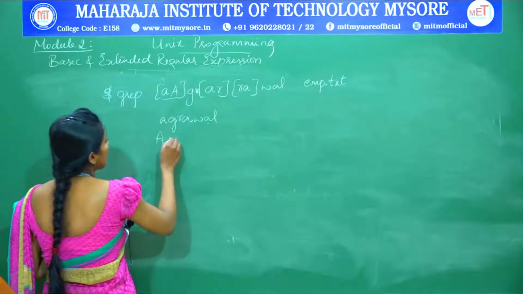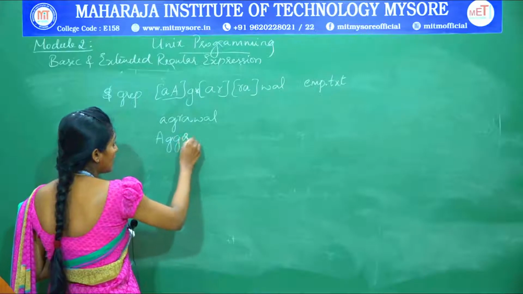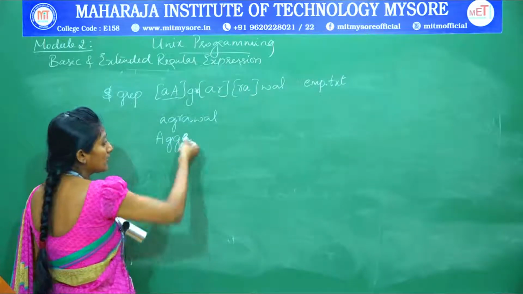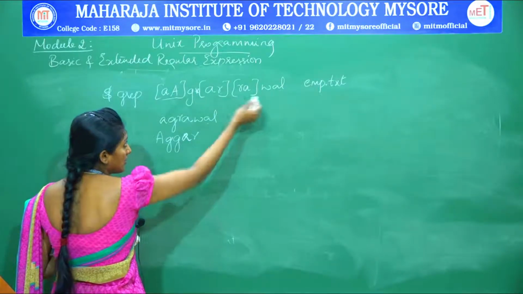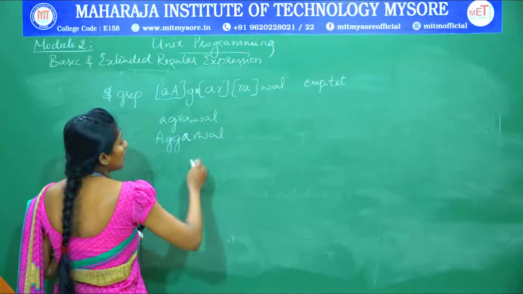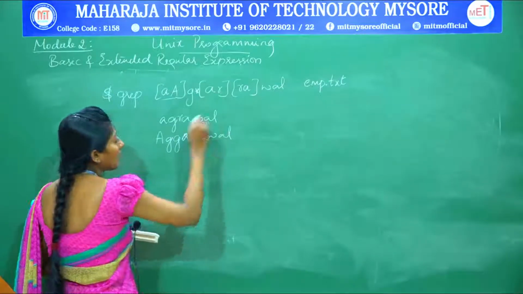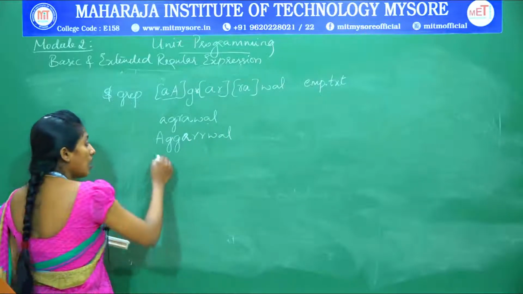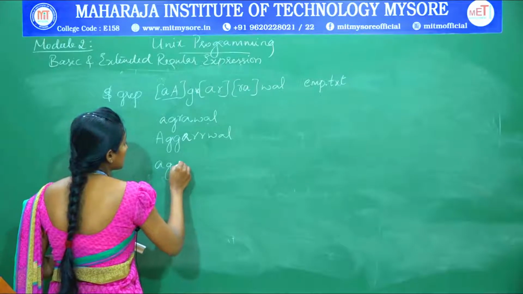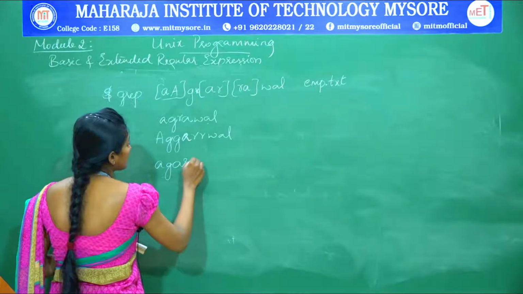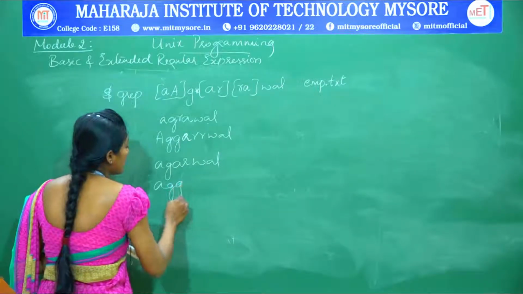Likewise, it can match A, G, G, A, instead of matching R it might match A also, agar, then WAL, agarwal, right. So it can match like this also, or like this, or like this.